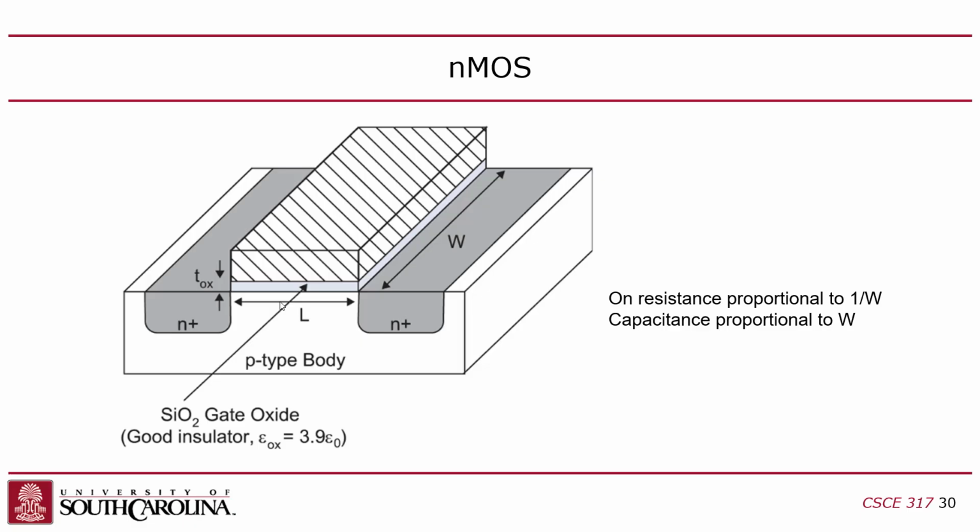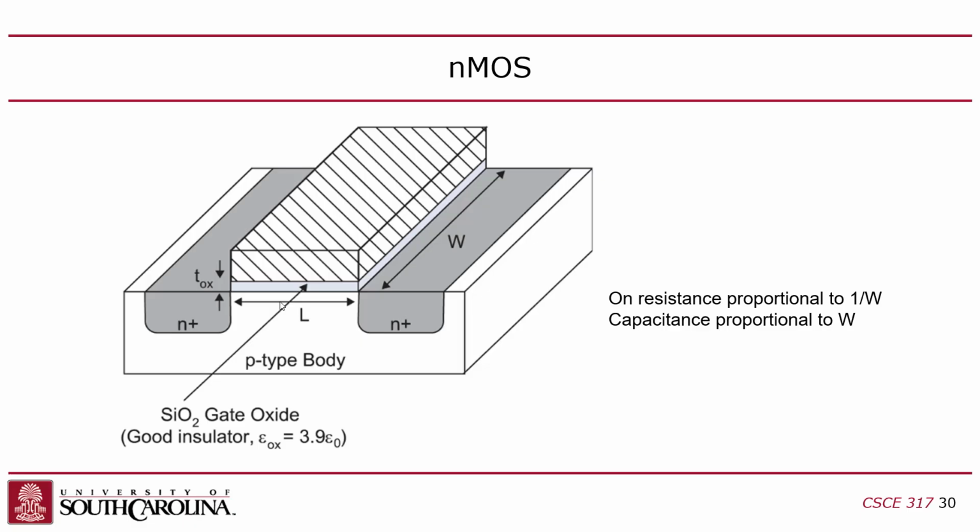But if you make the width even longer than 10x the length, in other words, you basically create a bigger transistor, you have more charge carriers that get to traverse the channel, and you get more current, right?